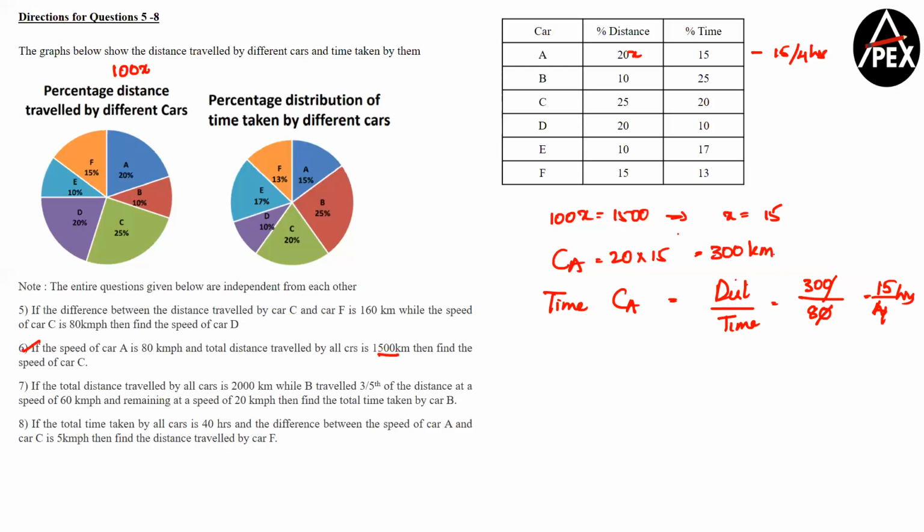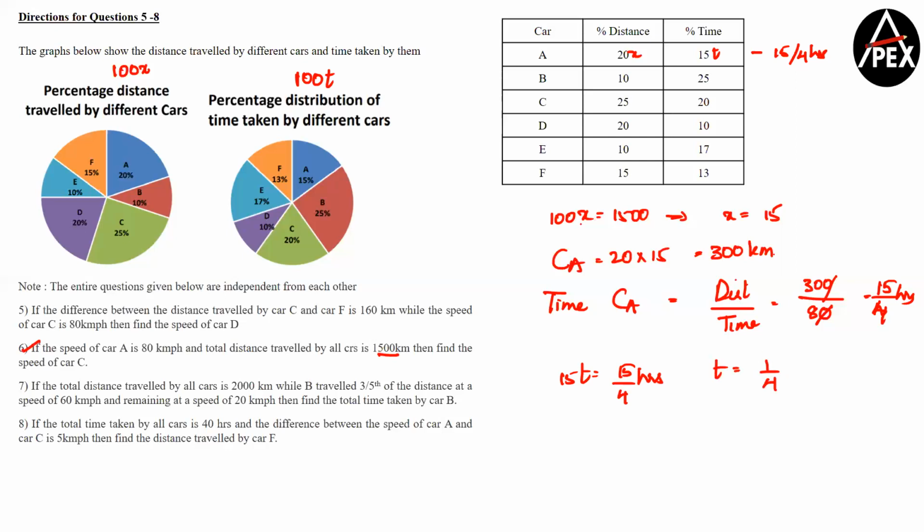Now let us take the total time taken by all the cars as 100t. So total time taken by car A will be 15t. So 15t is equal to 15 by 4 hours. Then t is equal to 1 by 4 hours.